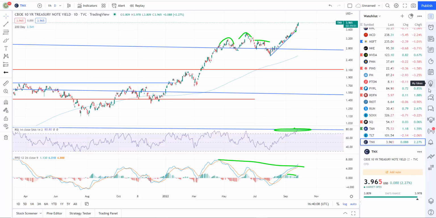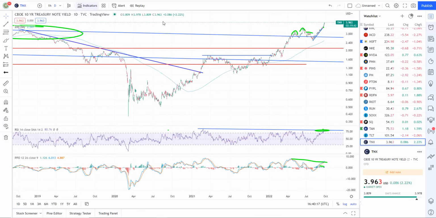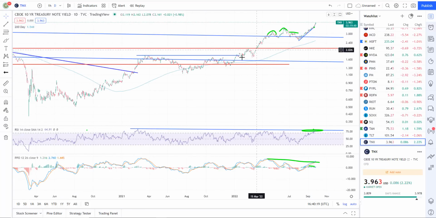For one, the federal government has to finance itself, and the way it does that is by selling bonds. It sells treasuries. Well, if you go back pretty much to last September, we were about 1.3%. We're almost at 4% now, so almost a 300% increase in the interest rate.